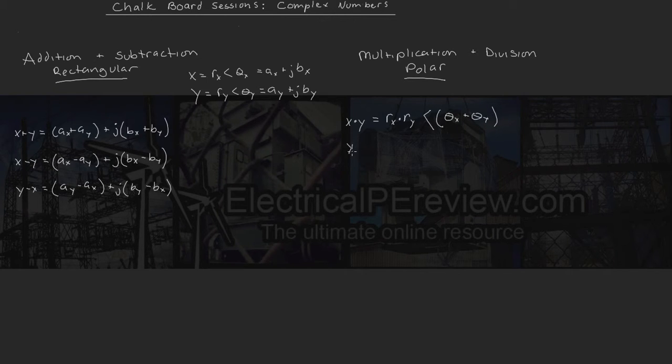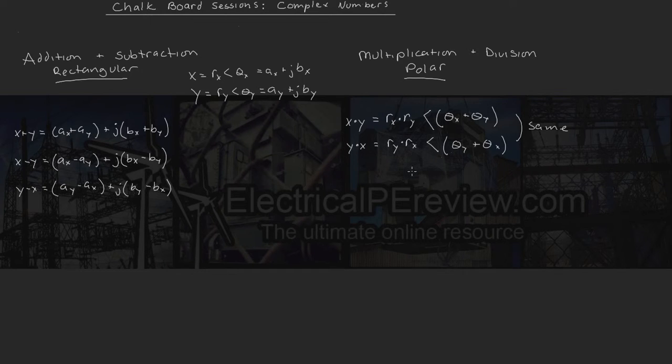Similarly, for y times x, you'd get the same value, but it'd be Ry times Rx at a phase angle of theta y plus theta x. And of course, these two are exactly the same.